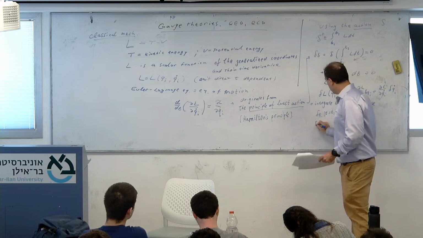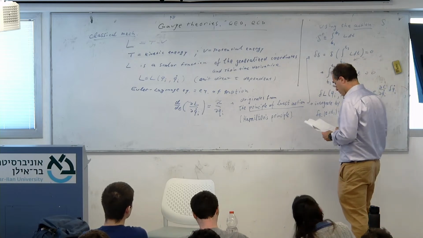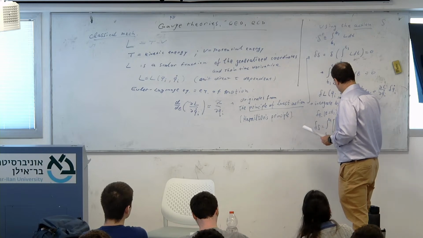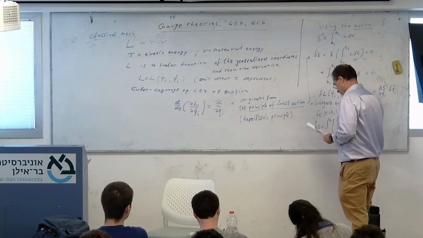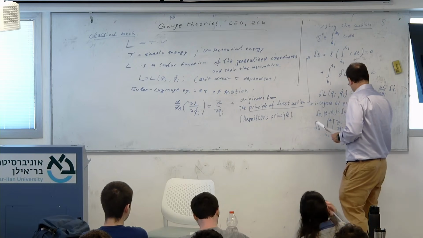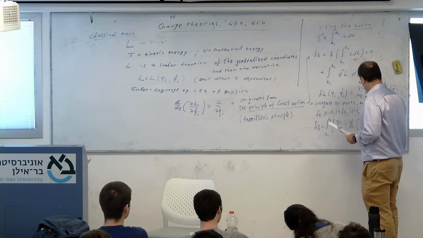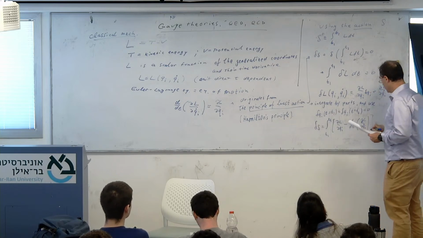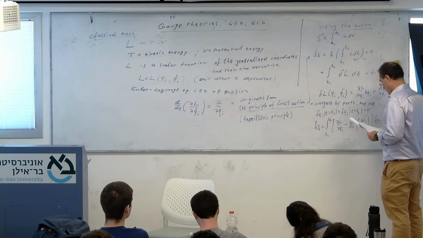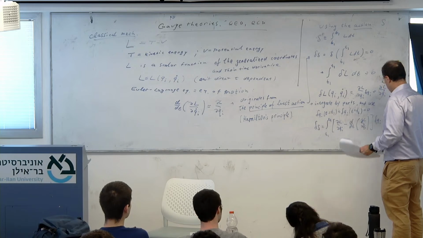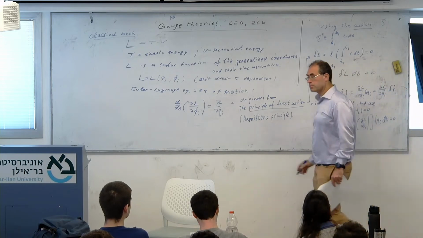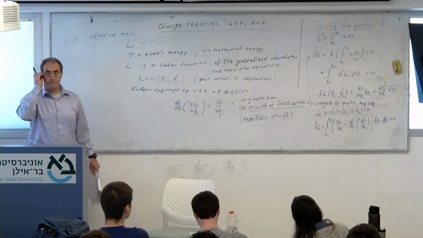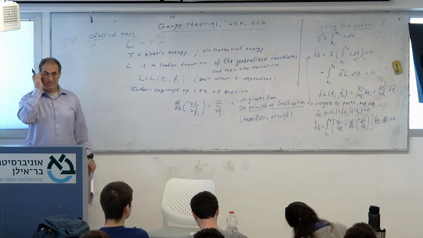And we get delta S equal to the integral from T1 to T2 of dL over dqi minus d over dt of dL over dqi dot, times delta qi dt, equal to 0. And voila, we just proved the Euler-Lagrange equation. We've seen all that.